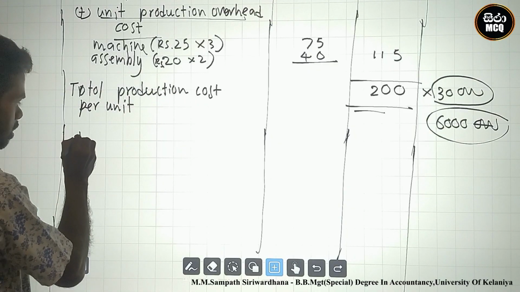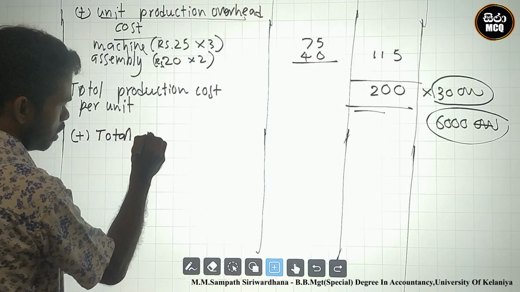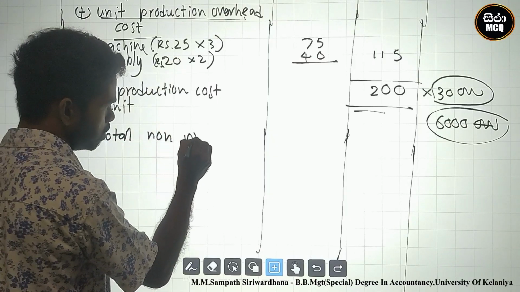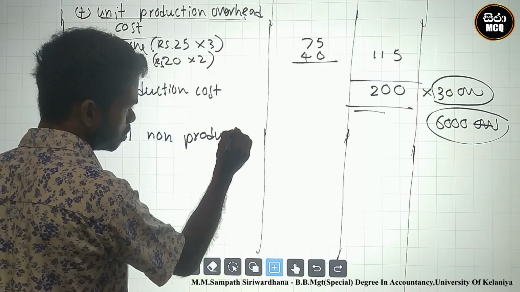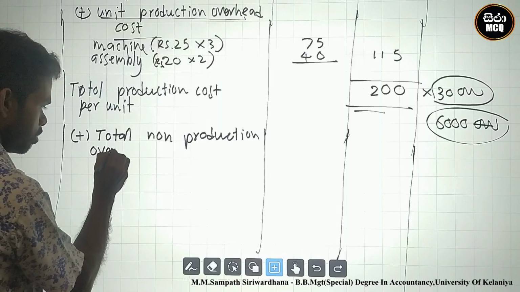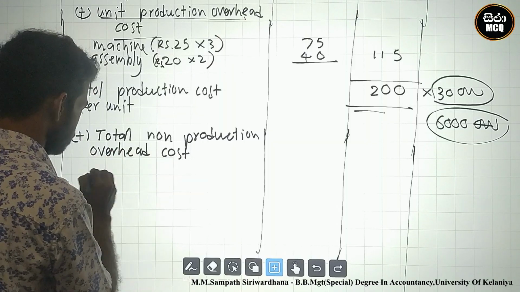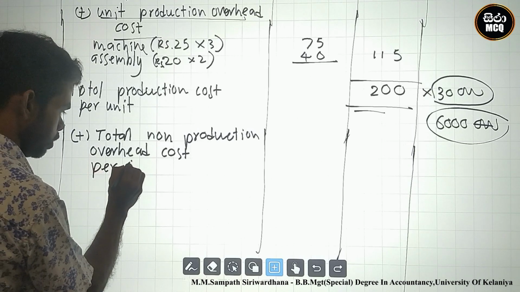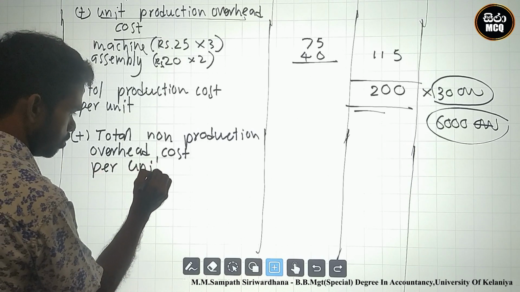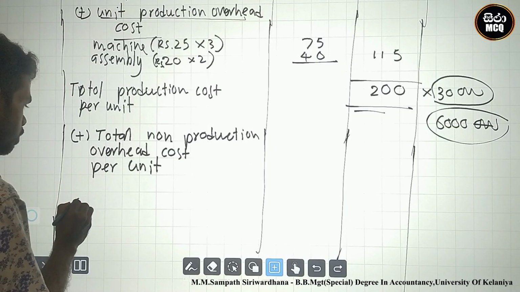You know, this is the total production cost per unit. After that I add total non-production overhead cost per unit. After that we can calculate.